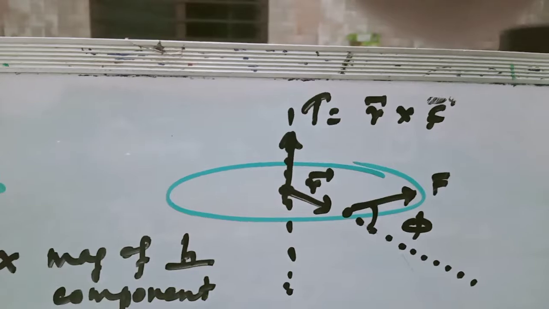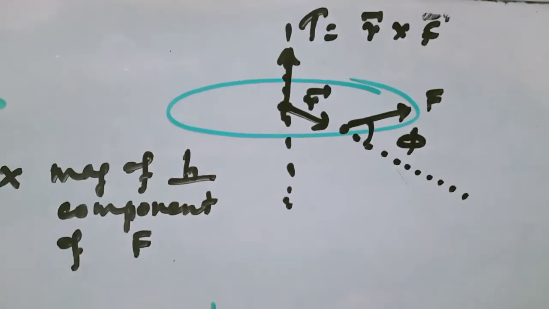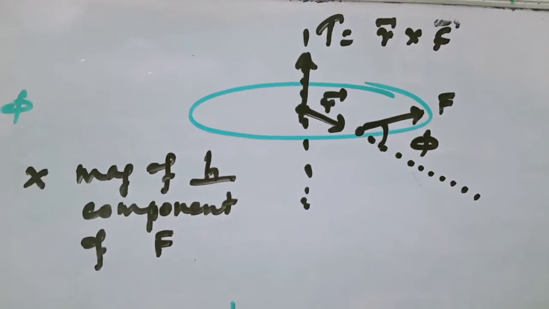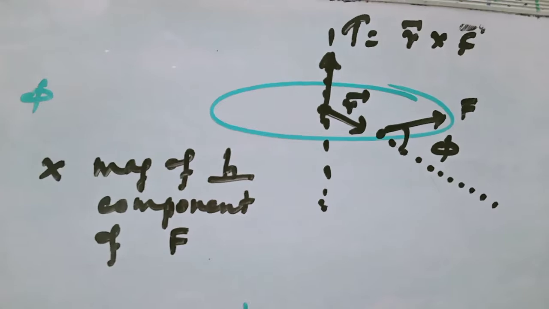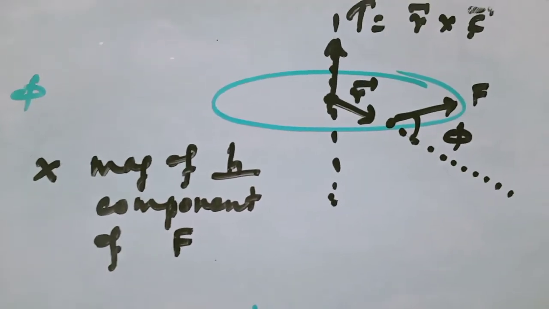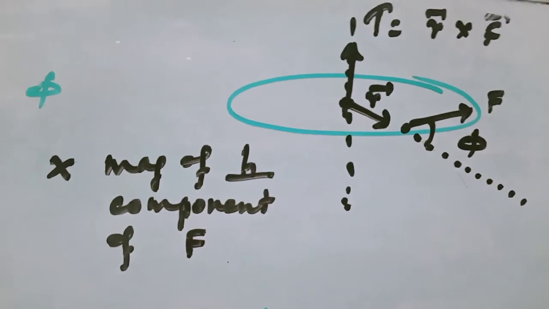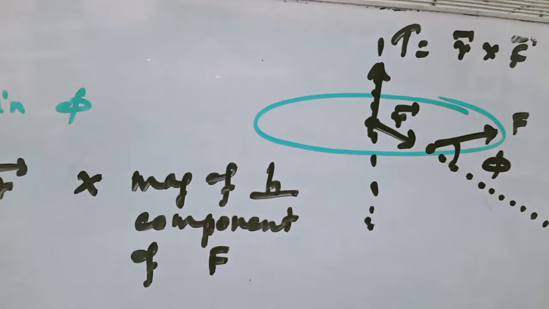Now torque can also be defined as the transverse component of force and the distance of the axis of rotation. Torque due to a force is only due to its transverse component. Be very careful. The radial component of force does not contribute to the torque. Why? Because the radial component acts towards the center.